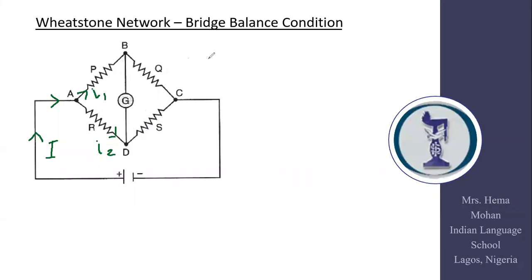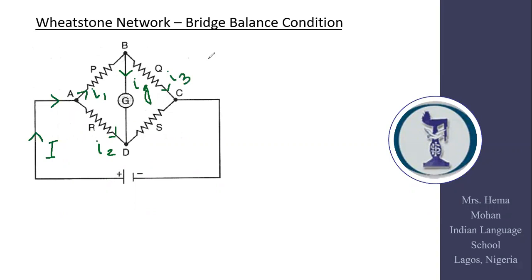Now, what happens when I1 reaches B? Again, let us assume that it moves down to IG, where IG is the current through the galvanometer with resistance G. So let us assume through BC, it moves out as I3, right?